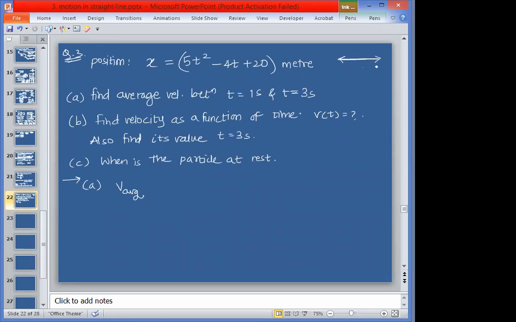Instead of writing i, j, k, they use simply plus for the rightward direction and minus for the leftward direction. So automatically that velocity vector will be created, and to show the direction of velocity, instead of saying plus i cap or minus i cap in the x direction, people will write only plus or only minus.